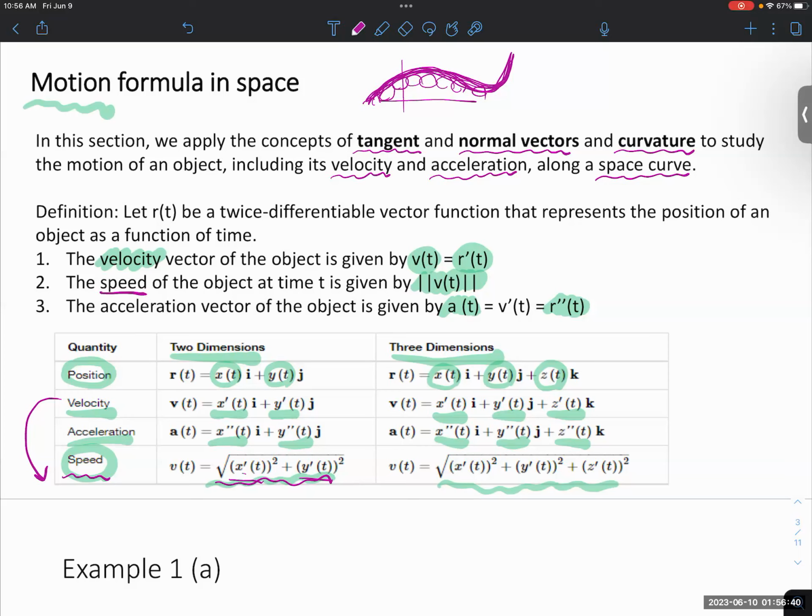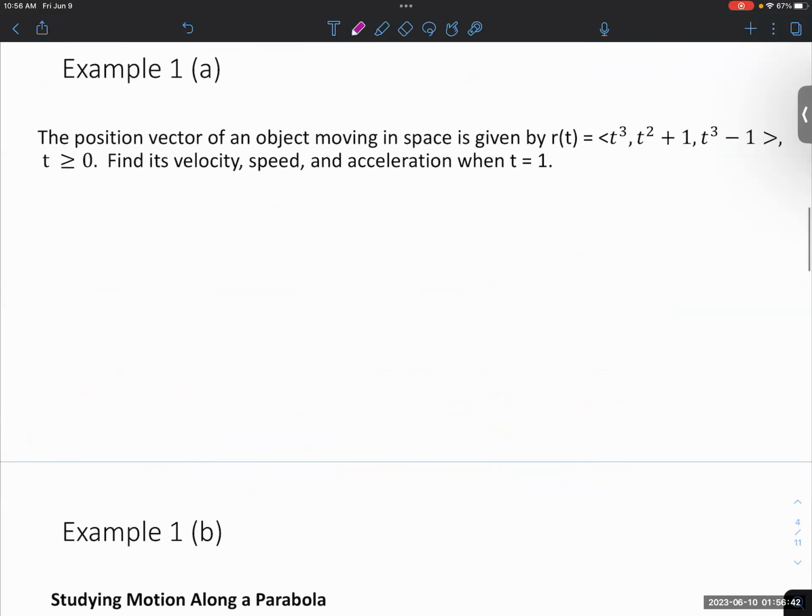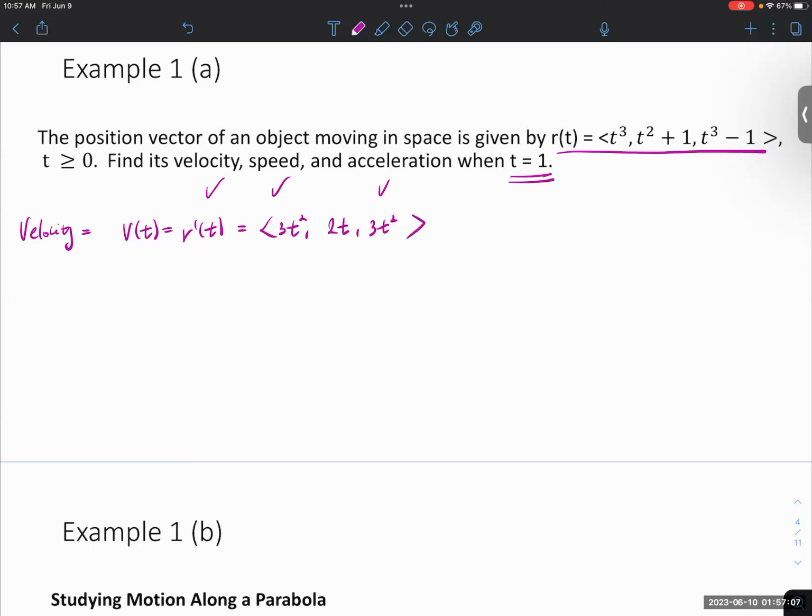Let's take a look at example 1. Your vector is given, and I want to find the velocity, speed, and acceleration at t equal to 1. The velocity v(t) equals r prime, so we take the derivative of r: 3t squared, 2t, and 3t squared. So the velocity at t equal to 1 is (3, 2, 3).